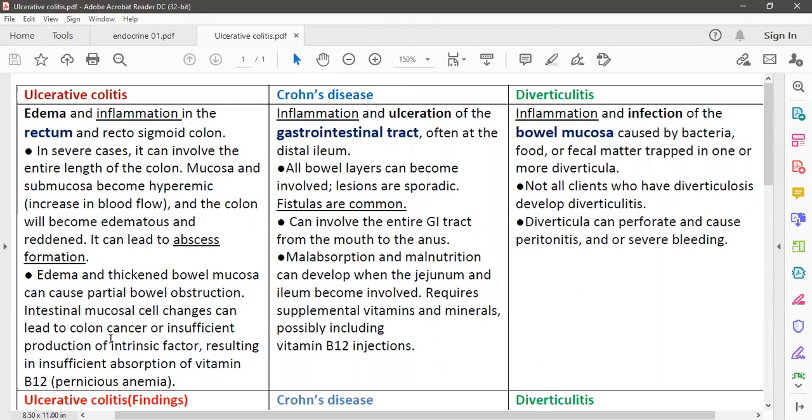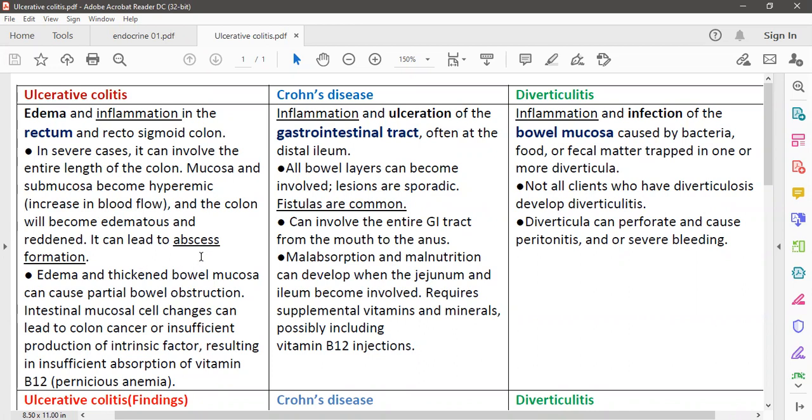So the pathology in the mucosa means the mucosa does not absorb vitamin B12 from the food, and the deficiency of vitamin B12 leads to anemia, and this anemia is called pernicious anemia. So in case of ulcerative colitis, what kind of anemia develops? Pernicious anemia develops.